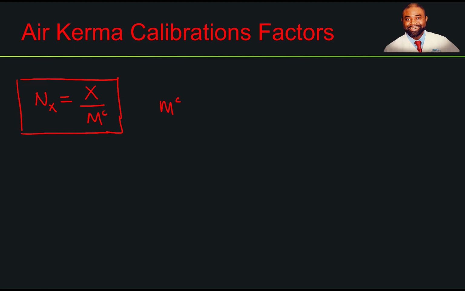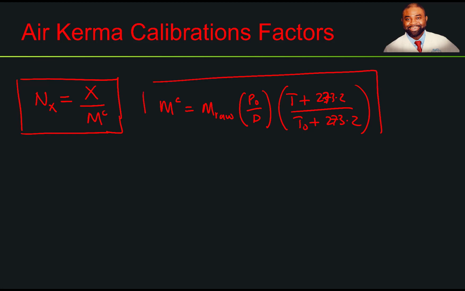M_C is equal to M_raw multiplied by P_0 over P, times (T + 273.2) divided by (T_0 + 273.2). In other words, the electrometer reading is corrected for temperature and pressure.